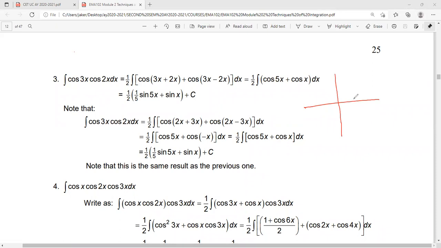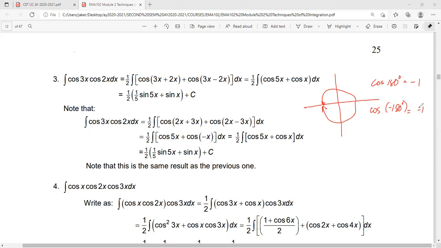Now, if you measure angle counterclockwise, it's like this. This is cosine of 180 degrees. Its answer is -1, right? Positive 180 degrees because it's counterclockwise. If you measure it clockwise, it's cosine of -180 degrees because we measured it clockwise.